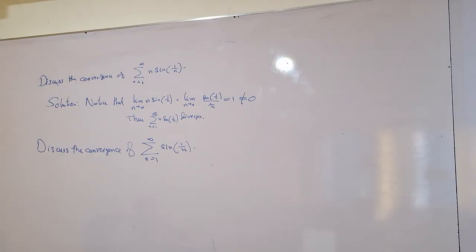Sin 2 over n is 2 sin 1 over n cos 1 over n, right? Below you have cos squared 1 over n. Then when you divide, cos 1 over n cancels out.